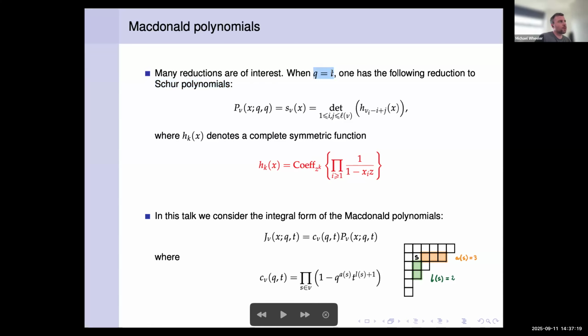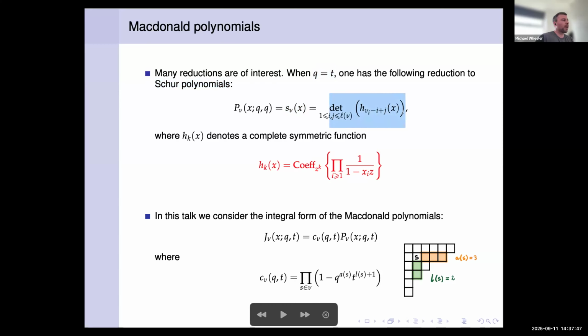A priori, making that substitution, you should still have one parameter left over. It turns out that it actually evaporates completely, and by a miracle, you end up getting an expression that is q independent, and this is precisely the Schur polynomial. There are many nice formulas for Schur polynomials. I've given one particular determinant formula, which again is very well known.